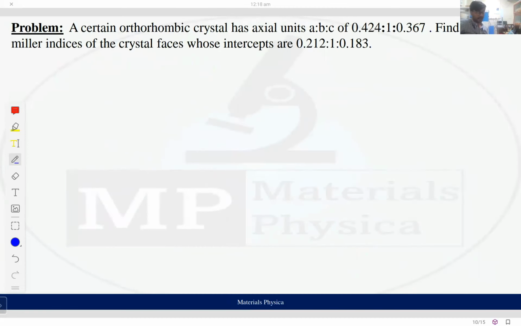Now the next question: a certain orthorhombic crystal has the axial ratio a to b to c of 0.424 to 1 to 0.367.